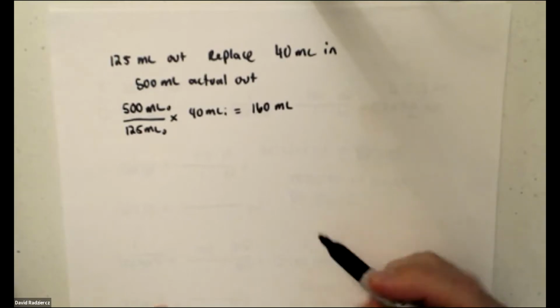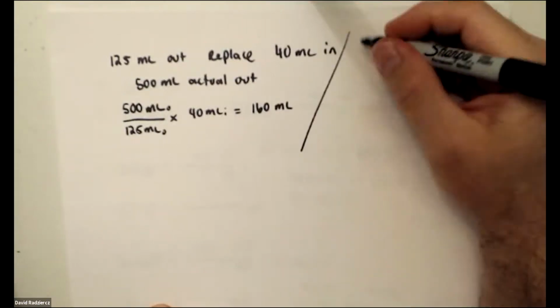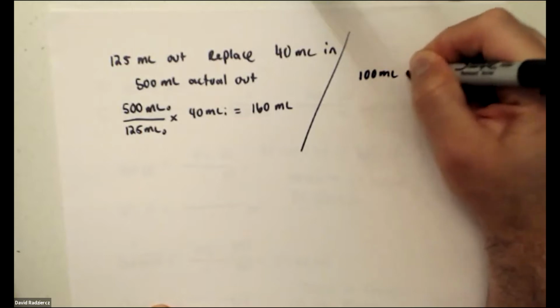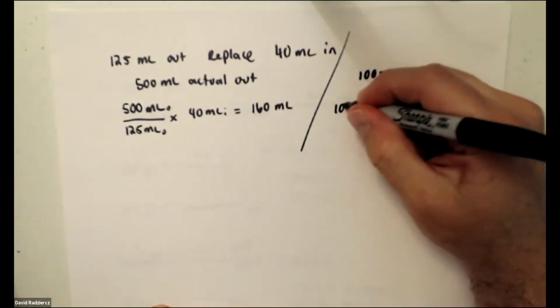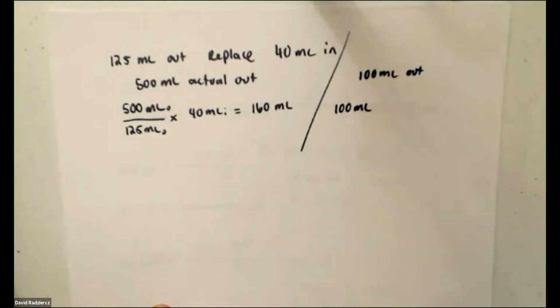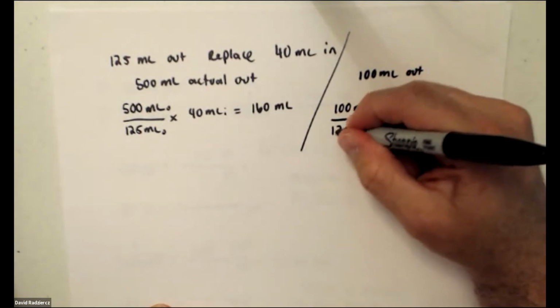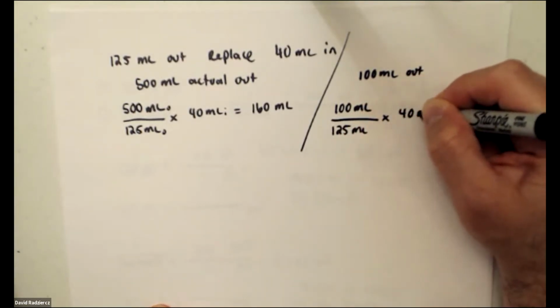So let's look at that. Let's say instead of 500 milliliters, so this will be scenario 2, it was only 100 milliliters out. So I'm going to do the same thing: 100 milliliters, my actual output, over my expected output, which was 125, times my replacement volume.